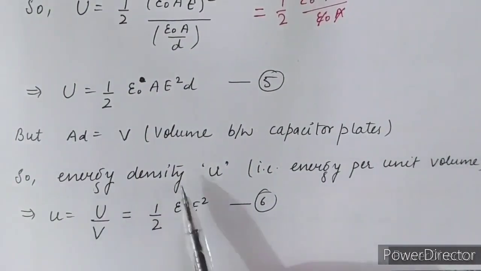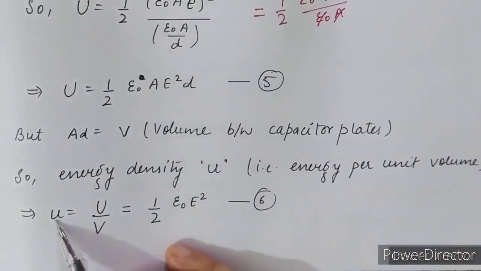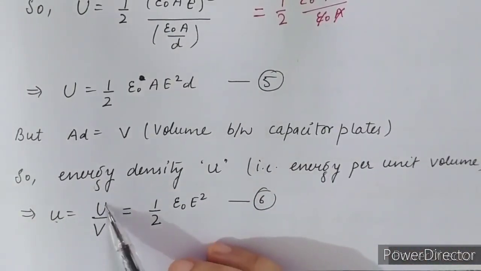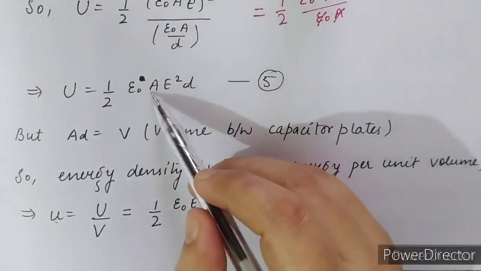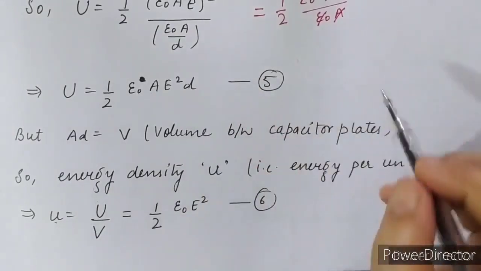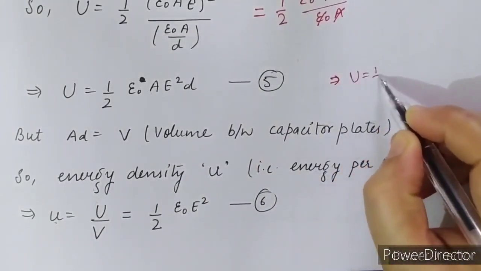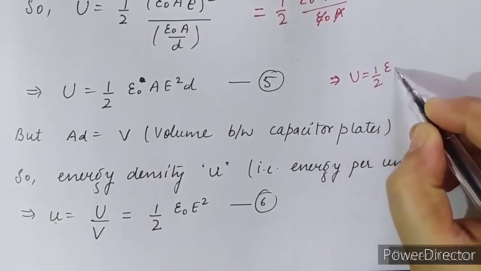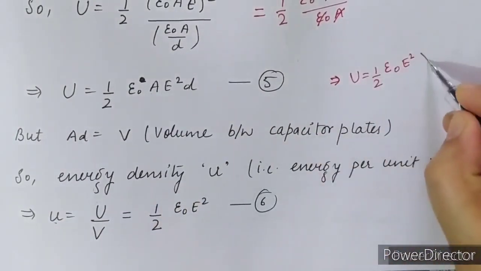So energy density is denoted by small u, meaning energy per unit volume. Small u is equal to energy stored, capital U, upon volume V. Here this AD is your volume. I am writing it again: u is equal to half epsilon naught E square, where A and D is considered as volume.